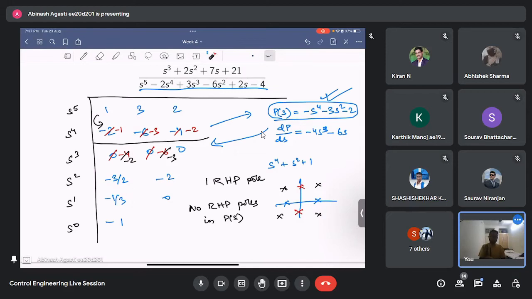Okay, because if there is a pole on the left half plane, then there should be one on the right half plane by symmetry arguments for this even polynomial. But since there is no sign change, there is no right half plane pole. So no right half plane pole means, by symmetry of this even polynomial, no left half plane pole. So all the poles will be on the j omega axis.